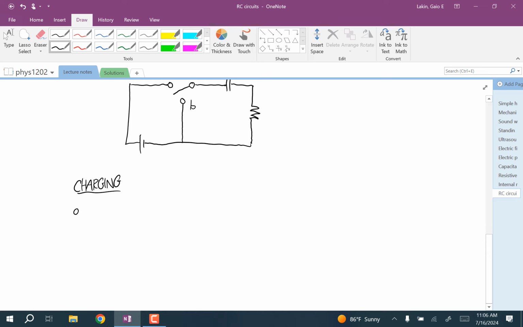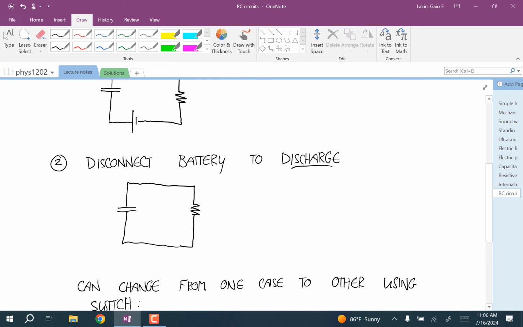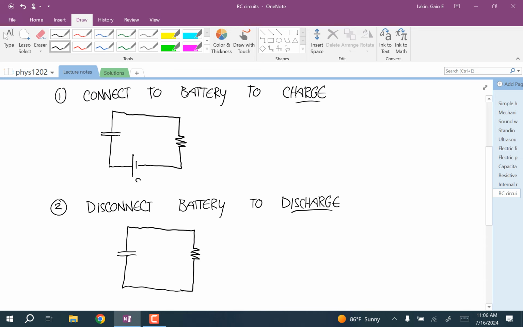So I'm going to call that lowercase q. And this is equal to the capacitance times, I'm going to use the EMF symbol for the voltage for all of this. And so that's what this epsilon represents, the voltage of the battery. I guess I'll put that in this one too. So remember, that's the EMF.